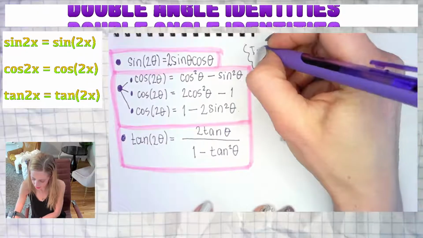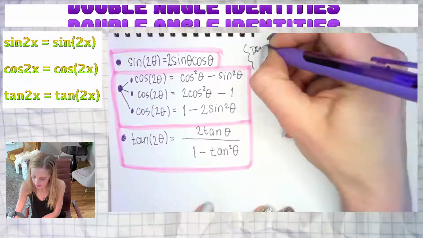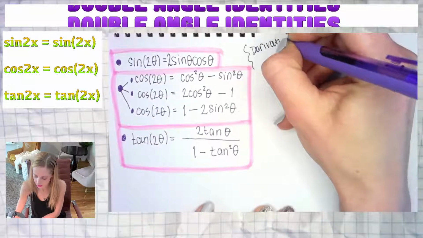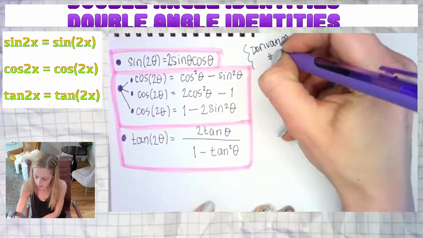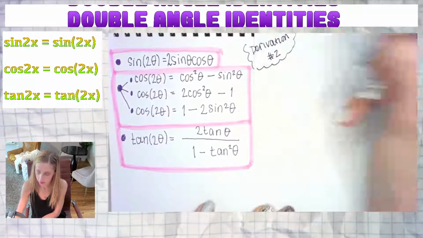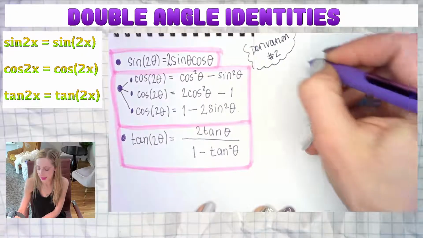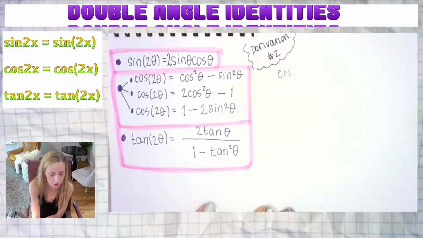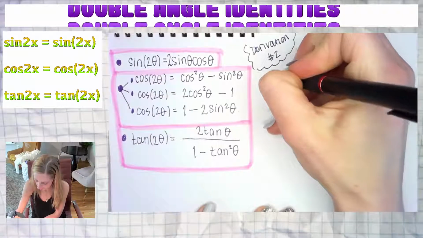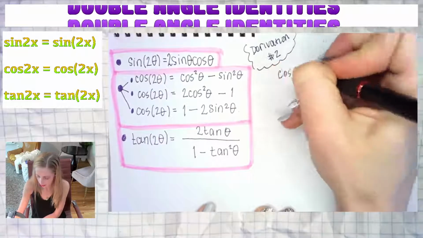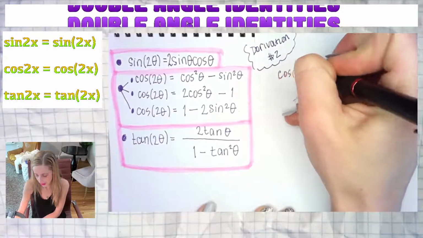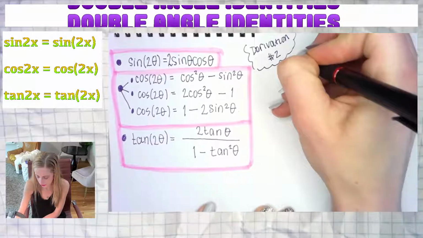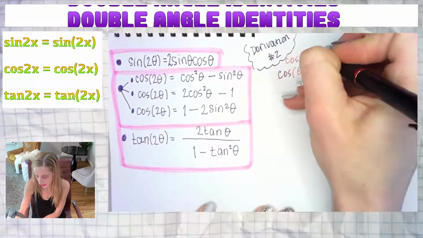And we're going to do the next one. So I'll even use that derivation number 2. And we're going to go about this the exact same way. Cosine 2 theta. And we're going to swap out that 2 theta for theta plus theta. All right, that's our cosine 2 theta.